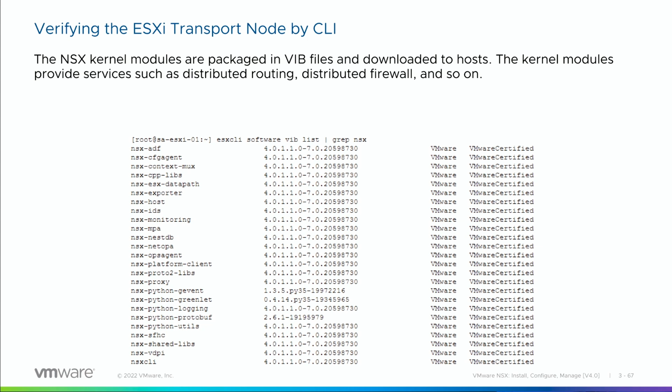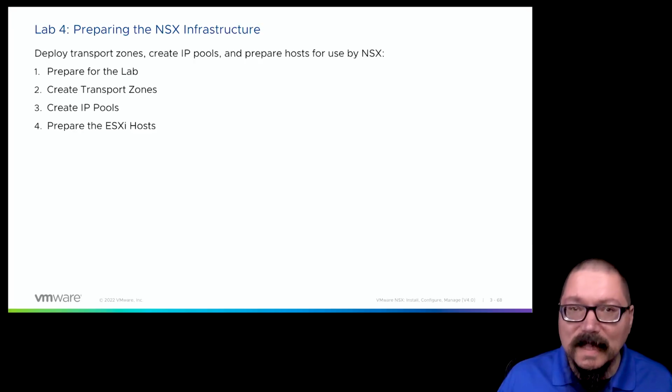If I pipe that output to the grep command, which is just a search command, and search for the term NSX, that'll show me just the NSX packages that have been installed. These should be there. For the most part, the versioning should match the versioning that I'm running for NSX. You'll notice here that some of them aren't quite the same, but I want to make sure that these packages are all here. So that's a quick validation.